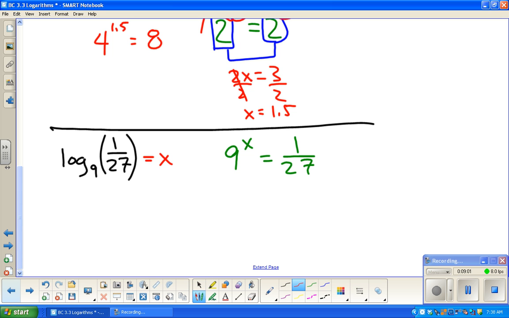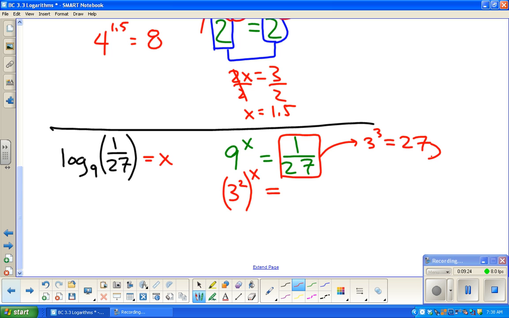Well, I know that 9 is 3 squared. So 3 squared to the x, because it said 9 to the x, well, 3 squared is 9. The trickier part right here is this guy. Well, I think we've seen this morning, or today, or whenever you're watching this, tonight, that 3 to the third is 27. I think that came up earlier. But the problem is how do I get that to the denominator?